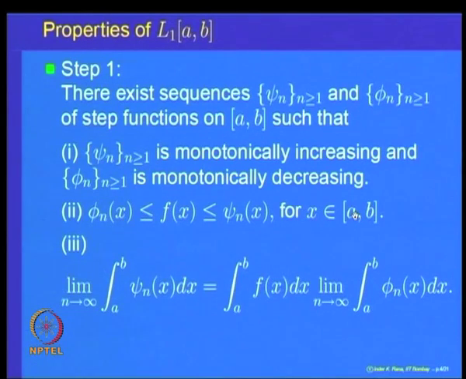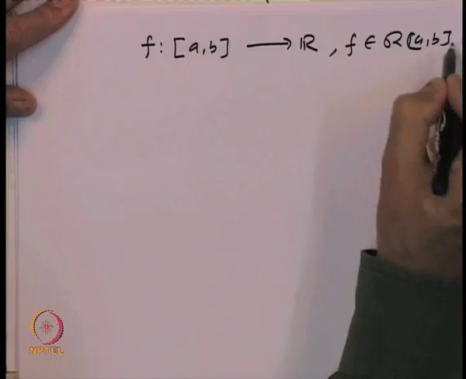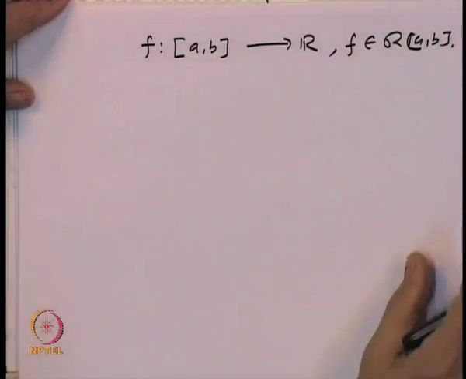So, let us recall these steps which we had proved last time. What we are given is f is a function defined on an interval a b to r and f is Riemann integrable. So, what does the Riemann integrability imply?